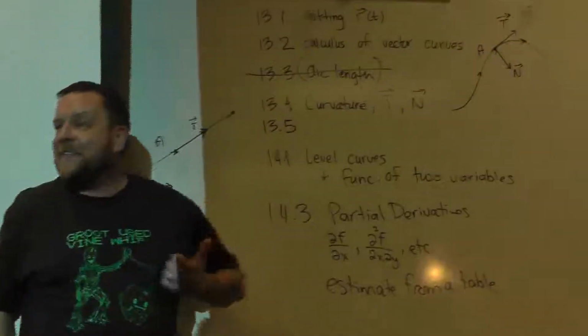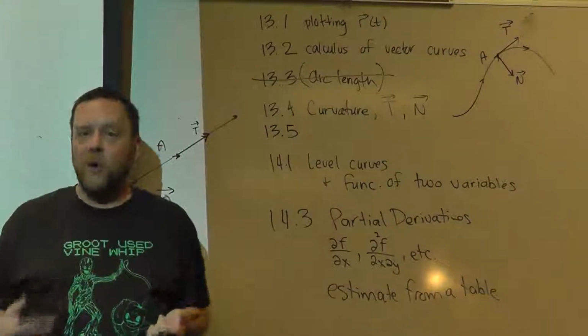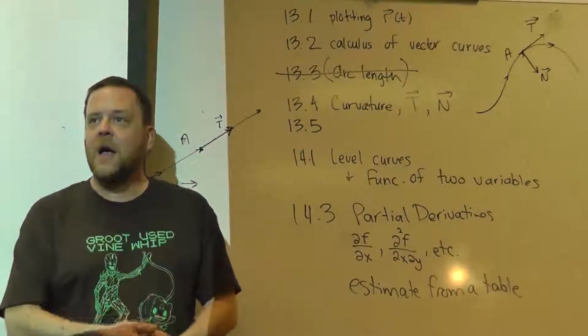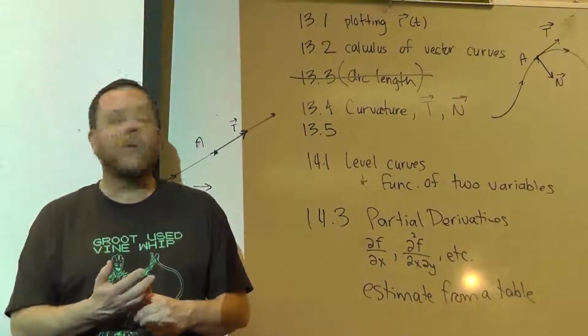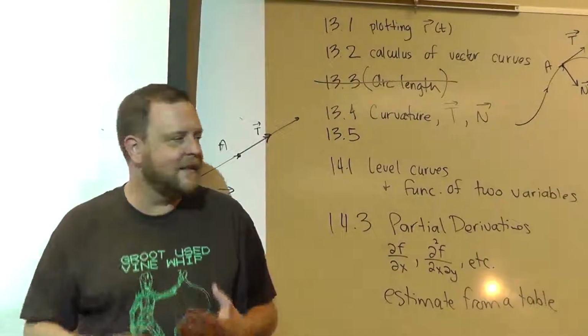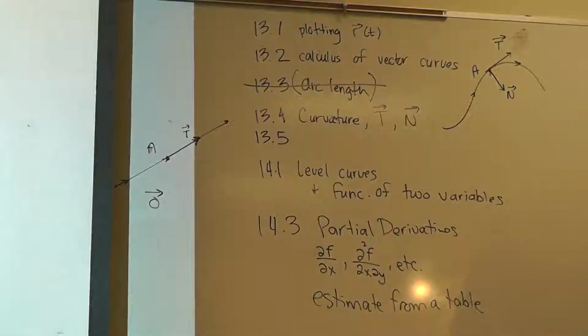These are the topics I have seen and will guarantee that you see on test 2 from section 13.1. I hope you all got a copy of the review in front of you. Section 13.1 was all about plotting vector functions and understanding the defining properties of vector functions.